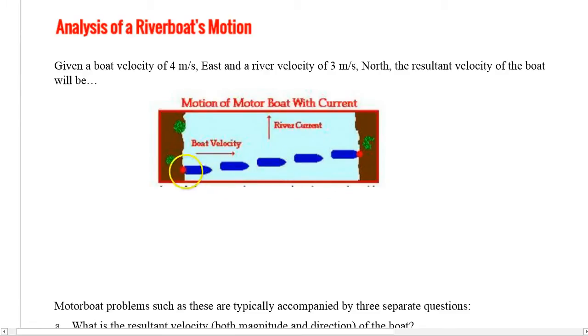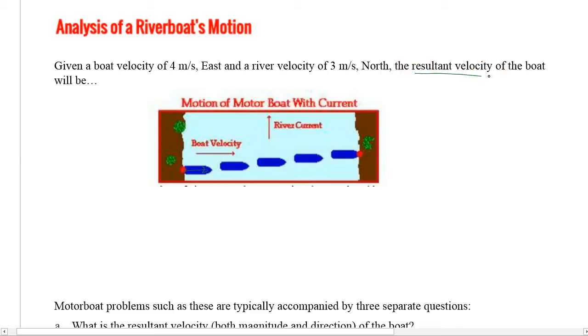So this is pointed east, and you get a sense of what I was trying to draw with the airplane, and I didn't do so well. The boat is pointed towards the east, but because of the river, it actually slips downstream while it's moving across. Now we're supposed to find out the resultant velocity.